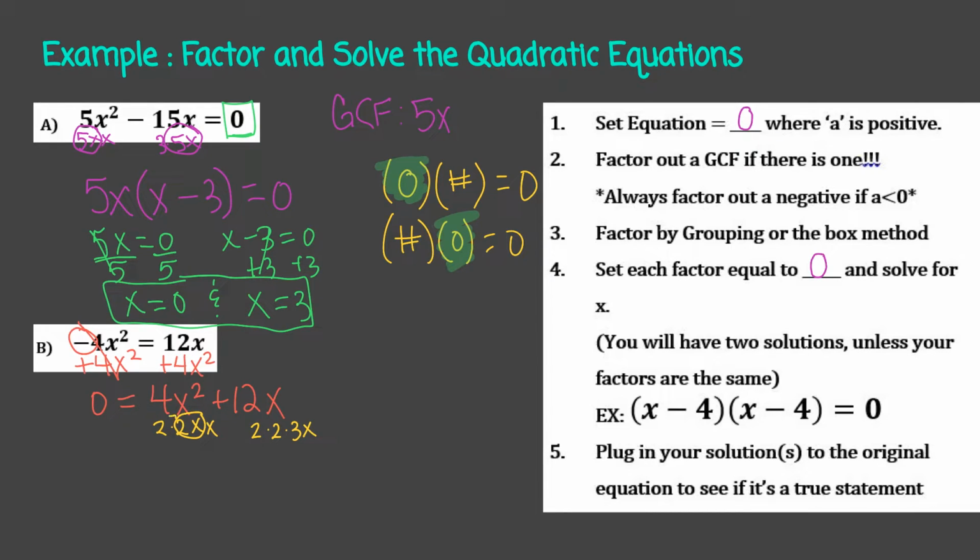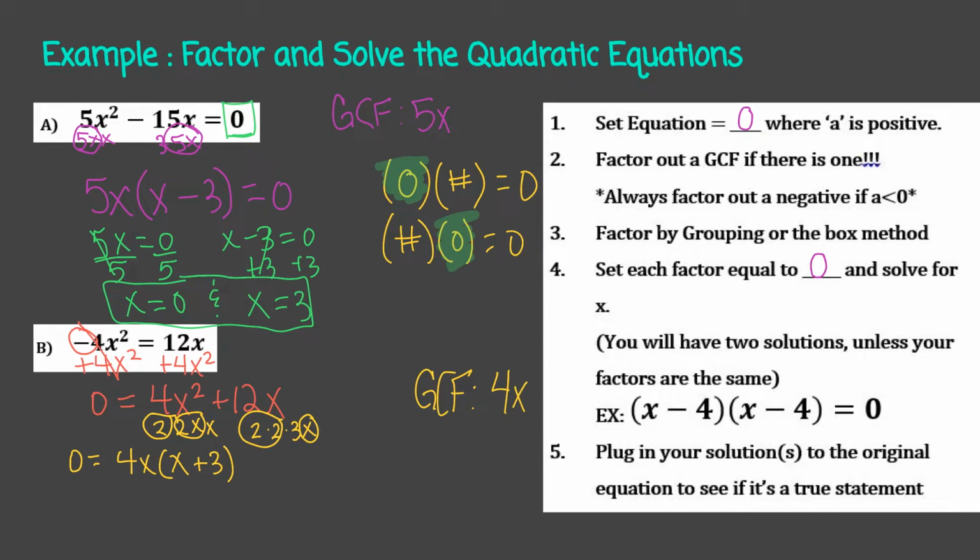Actually, they have two 2's, so they've got both these 2's and an x in common. So you can see that your GCF would be 4x. So let's go ahead and divide that out. So we have 0 equals 4x, and then your leftovers, x plus 3.